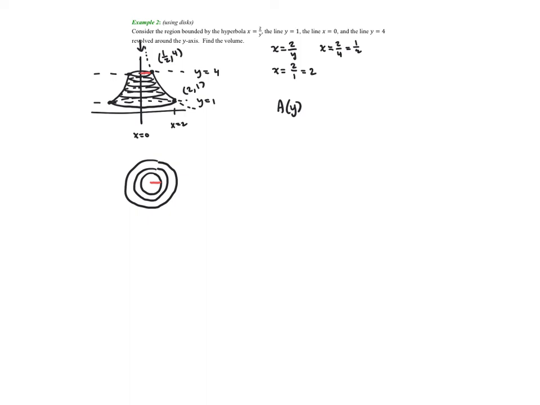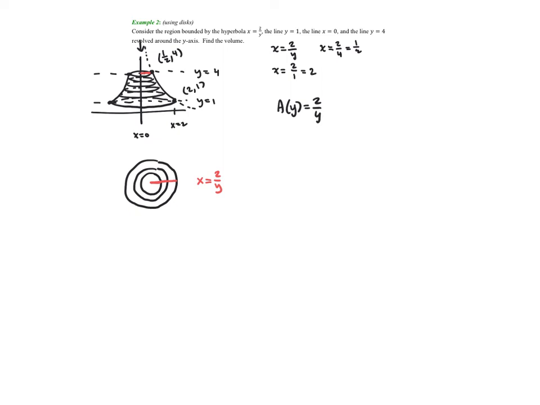And regardless of how big that radius is, we know that x value is equal to 2 over y.